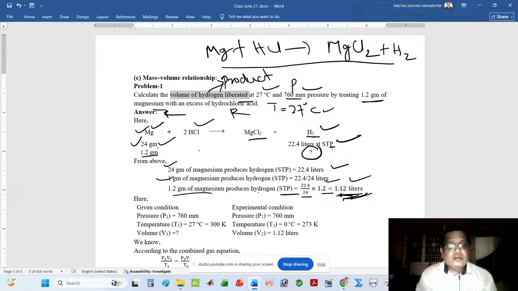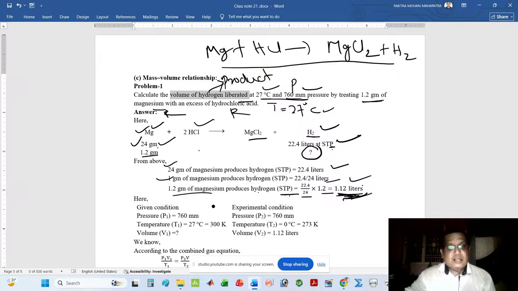So here you cannot say that 1.12 liter is the answer. So here it is necessary to convert 1.12 liter at STP condition to the volume at 27 degree centigrade and 760 mm pressure, that is, this experimental condition.